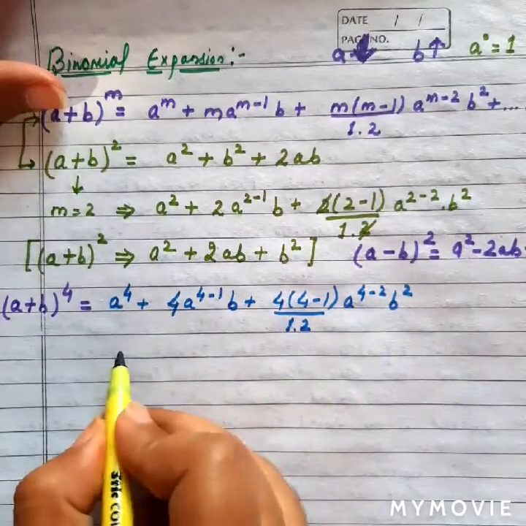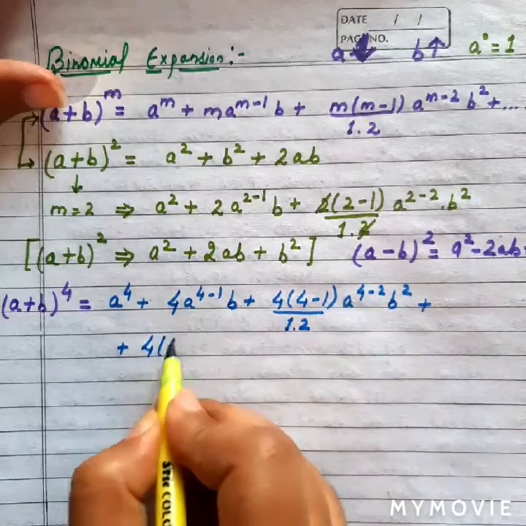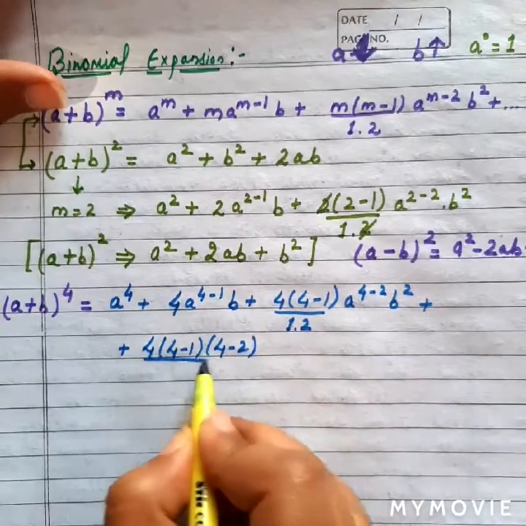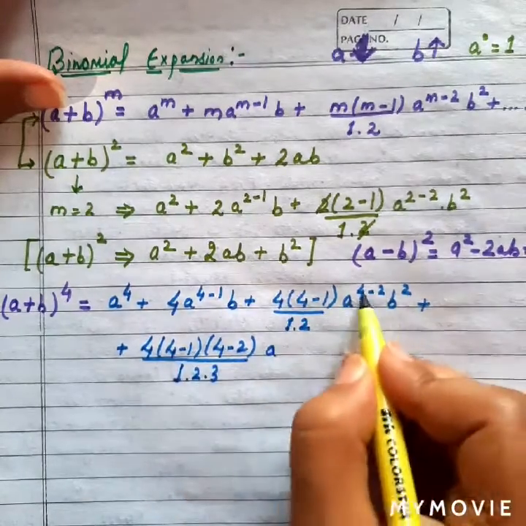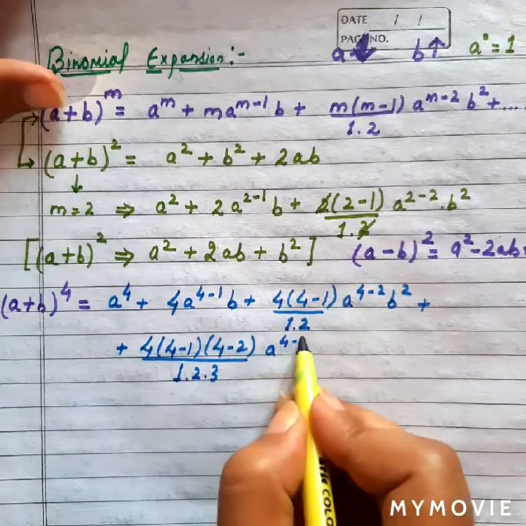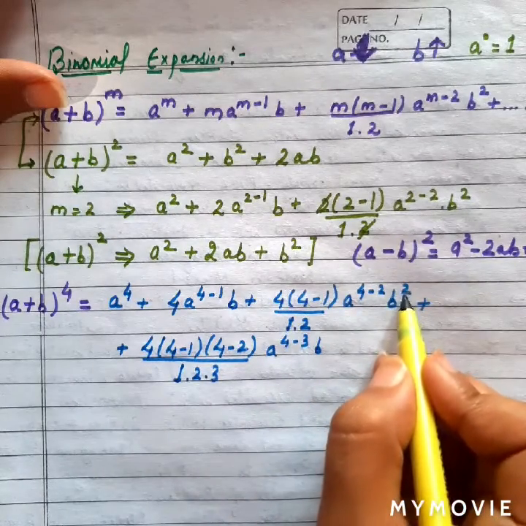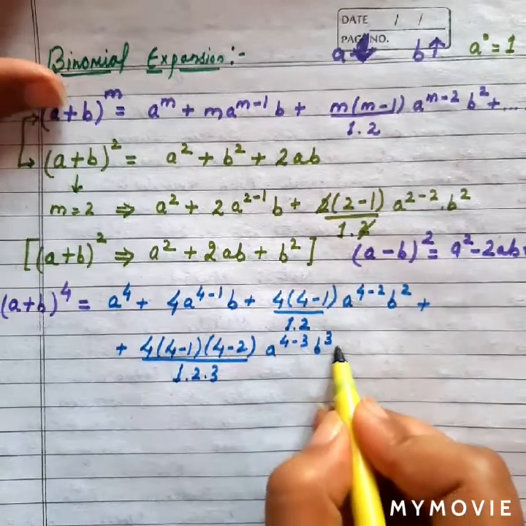Our next term would be 4 into 4 minus 1 into 4 minus 2 divided by 1 into 2 into 3, a raised to power 4 minus 3. b is increasing; b was having power of 2, here it will be power of 3.